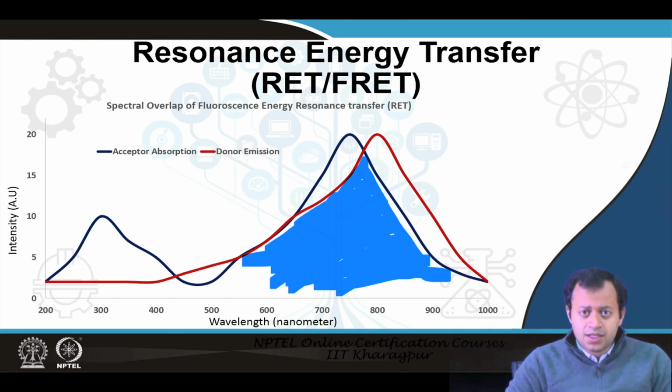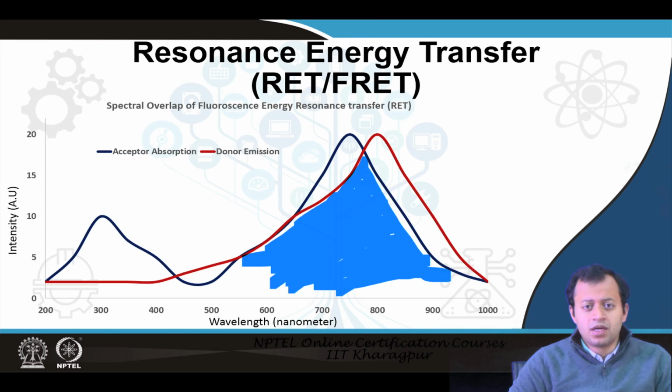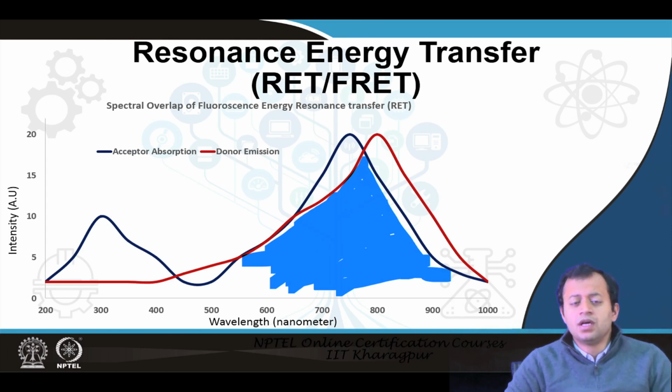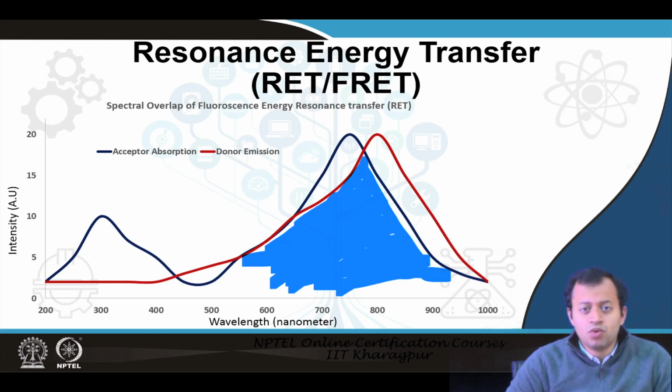Thereby, we understand inside a cell how close a particular organelle is to, say, another protein, how close a pathogen is to a cell or a nucleus, or how close protein A is to protein B. If they are closer together, they will make some kind of complex which we need to think about.